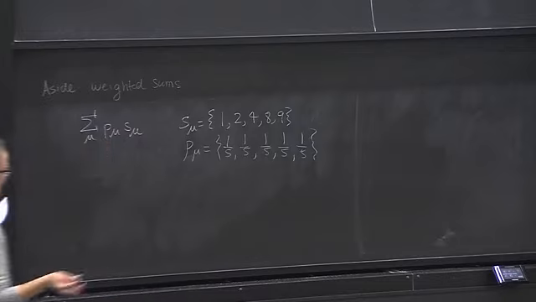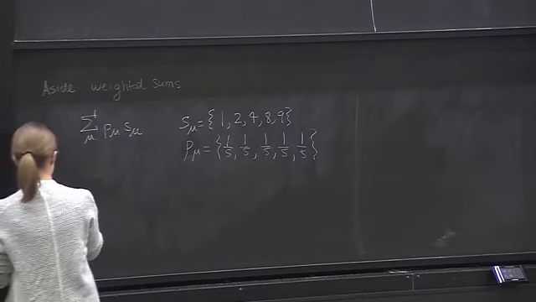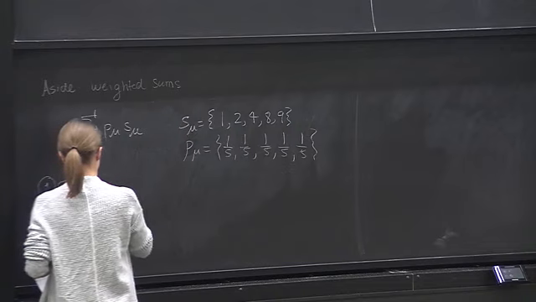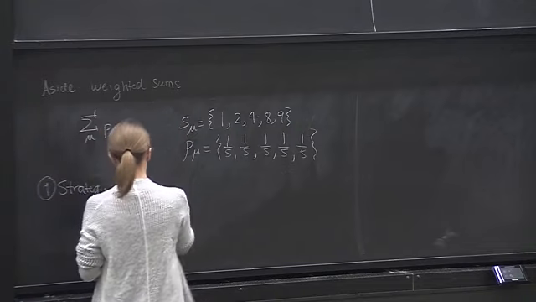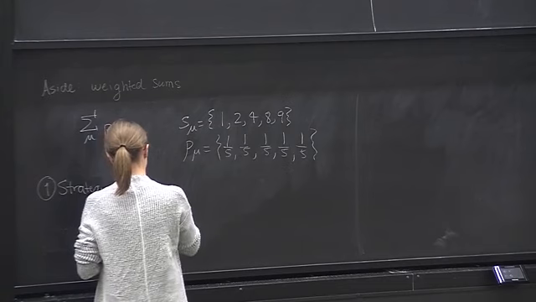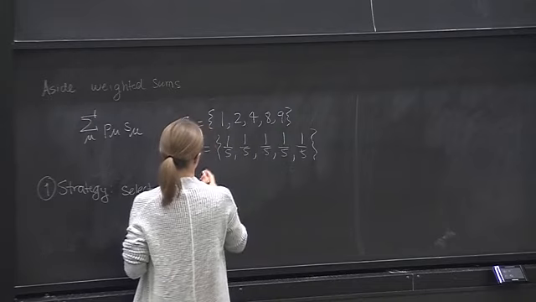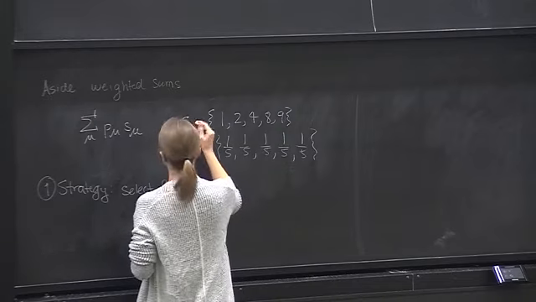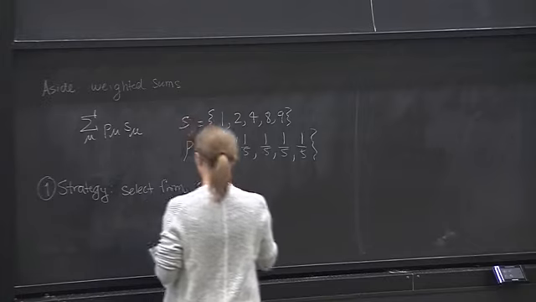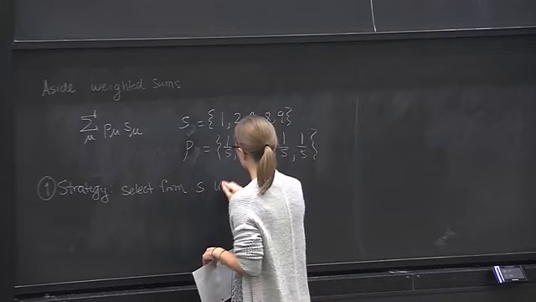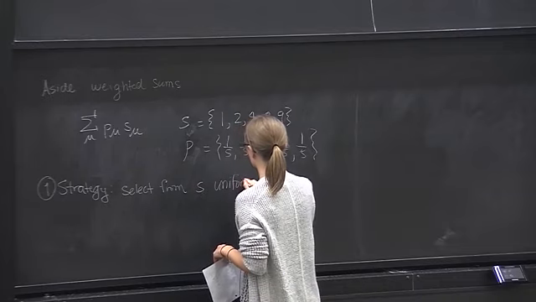So one strategy: my first strategy could just select from S uniformly at random.